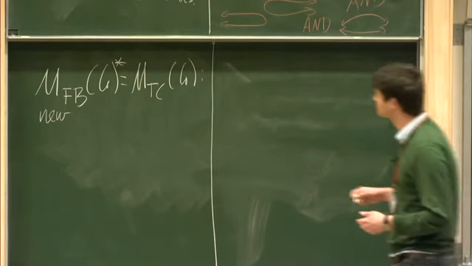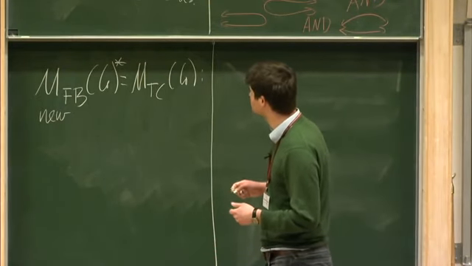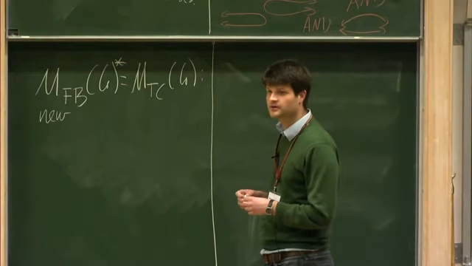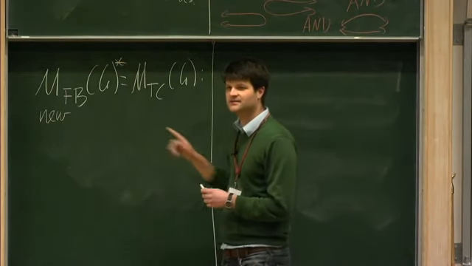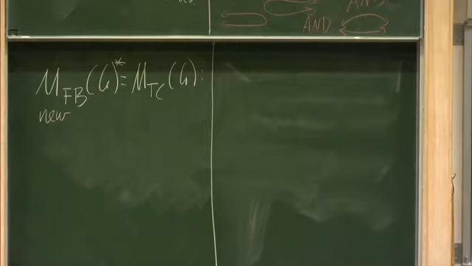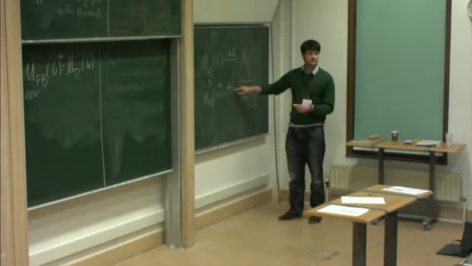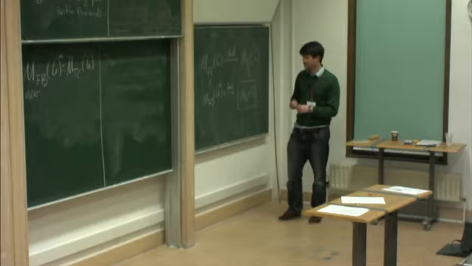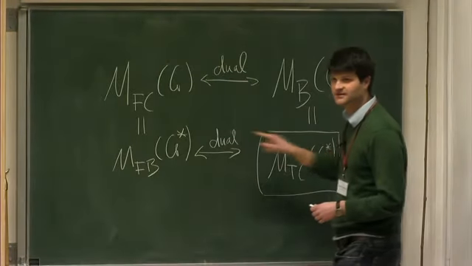Shouldn't the star be inside the parentheses over there? No, it's not correct like this. But there you have the finite bond matroid of G star, dual. I have dual here. You do, and you have stars on the graph. Yeah, but on both sides, right?